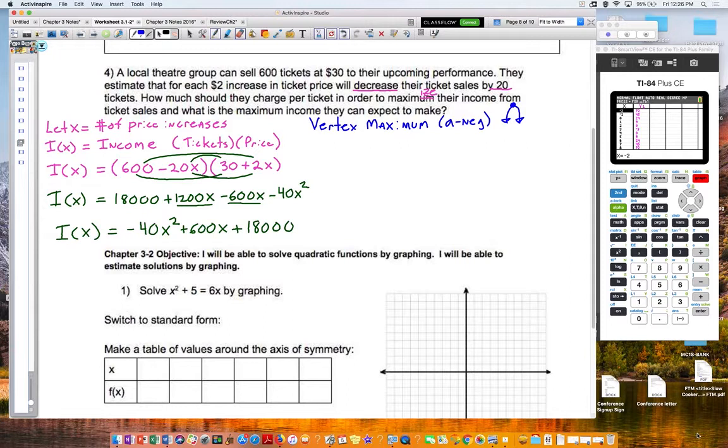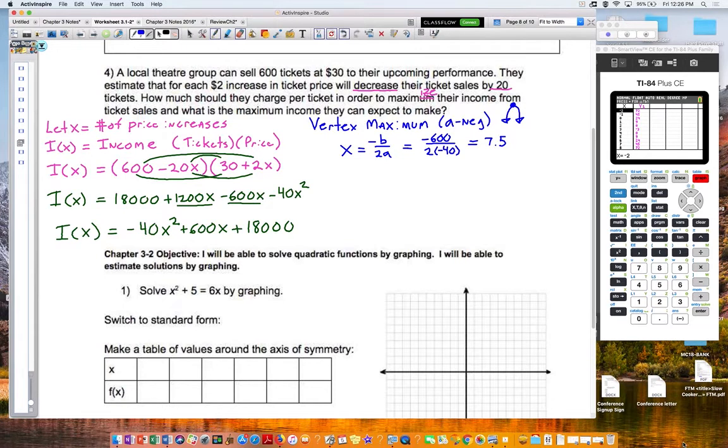Again, to help me find that vertex, my goodness, we've used this equation a few times, the axis of symmetry helps me find the x-coordinate. So negative 600 divided by 2 times negative 40. When I simplify this, I get 7.5. So that tells me that I need to make 7.5 price increases.